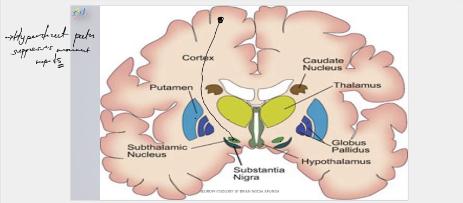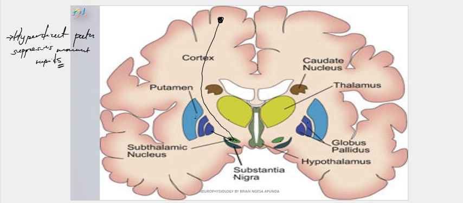Once this has been excited, just like what we saw with the indirect, the subthalamic nucleus is able to send signals to the substantia nigra reticulata and the globus pallidus internus. Remember, these were very important areas because once activated, they send inhibitory signals to the thalamus. So once activated, these are able to send excitatory signals to the globus pallidus internus.